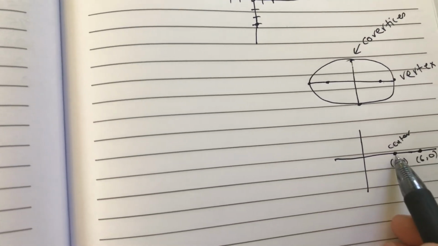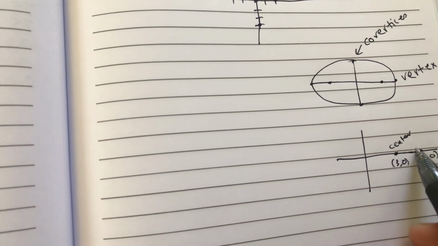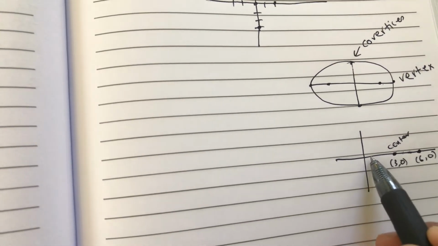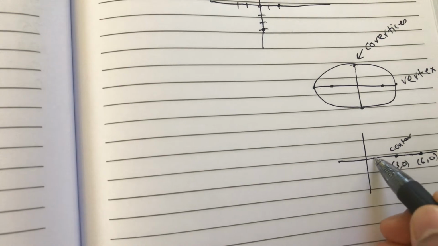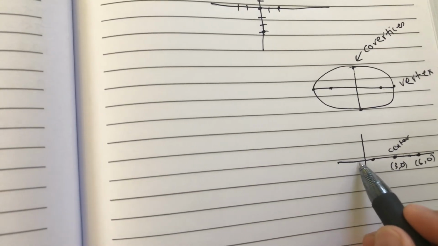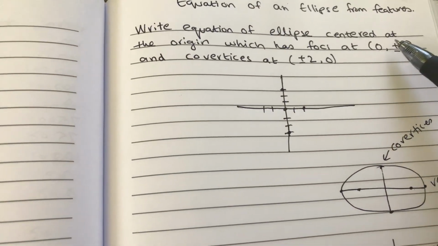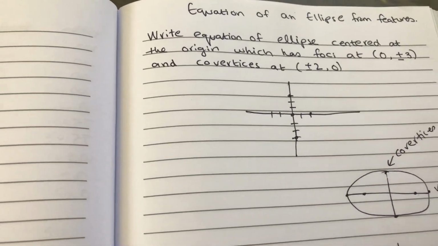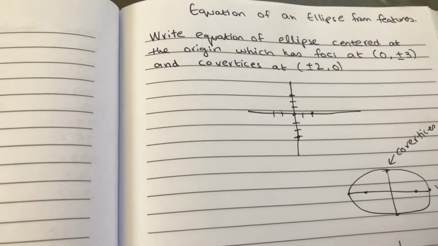What that would mean is, if it's 1, 2, 3 units to the right, one focus, the other one would be 1, 2, 3 units to the left, equal distance on both sides. Yeah, and then that would be your major axis. You will just need to figure out what are your vertices and co-vertices. It doesn't have to give you both, but well, they are giving us both, and it doesn't have to be centered at 0, 0, but well, most of the questions that I see are centered at 0, 0.